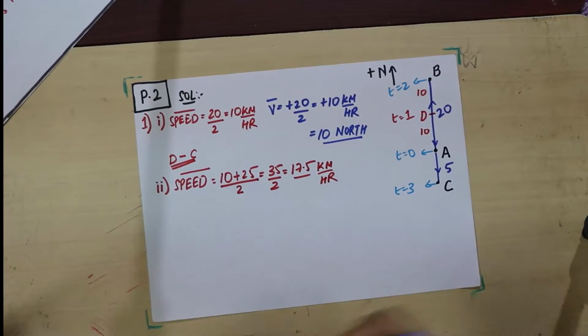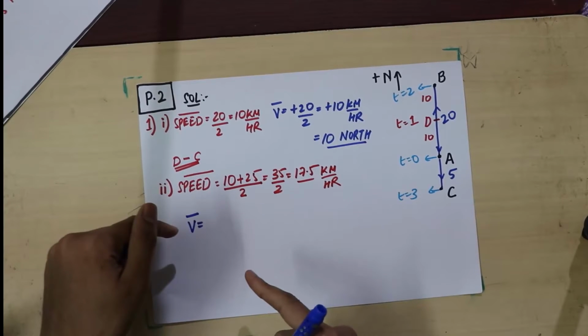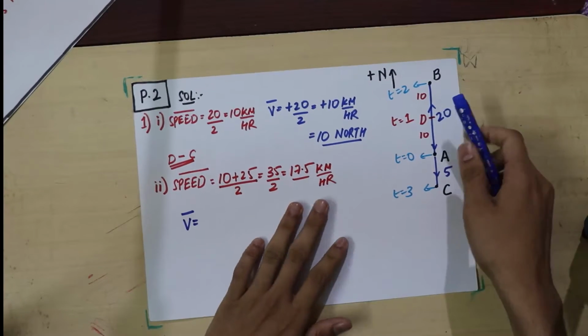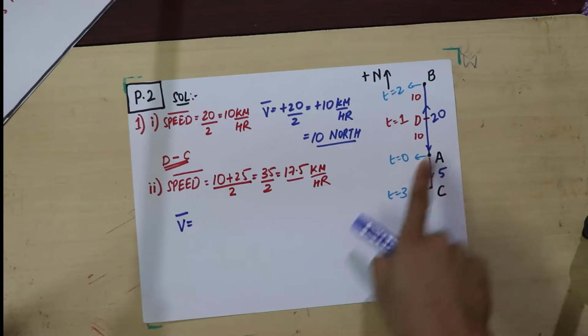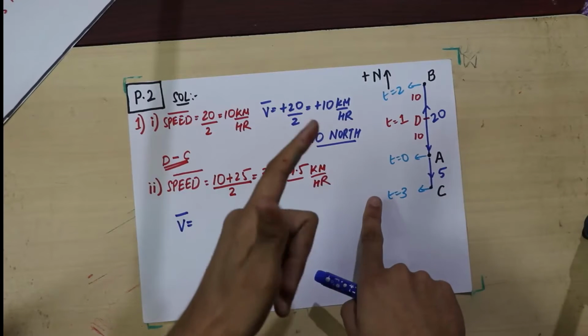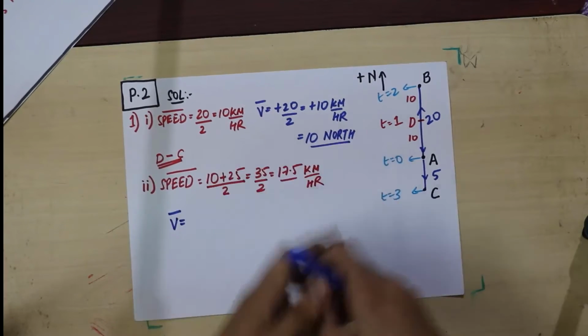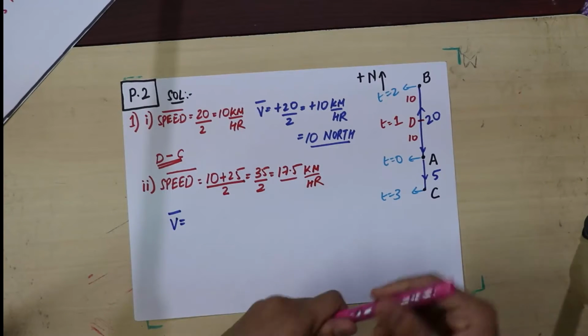What's the average velocity? It's displacement by time. We need to be careful now. Displacement from here to here, how much is that? We can put axes and put positions, but let's do it directly. See, he travels this way, so the displacement is represented. Let me use pink color for that. Can you see?